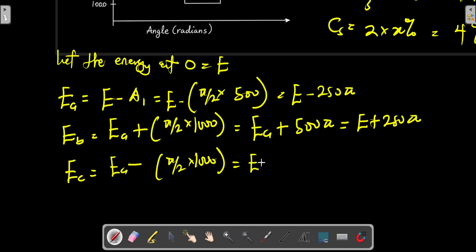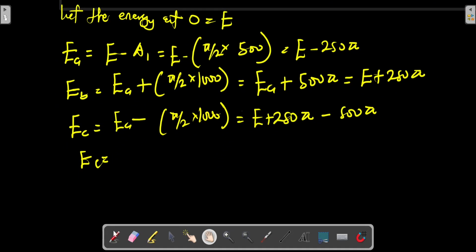We end up getting E plus 250 pi minus 500 pi. So the energy at C will be E minus 250 pi.